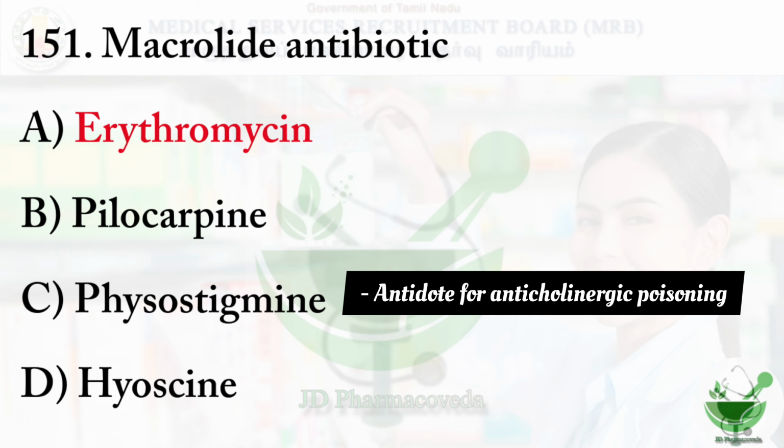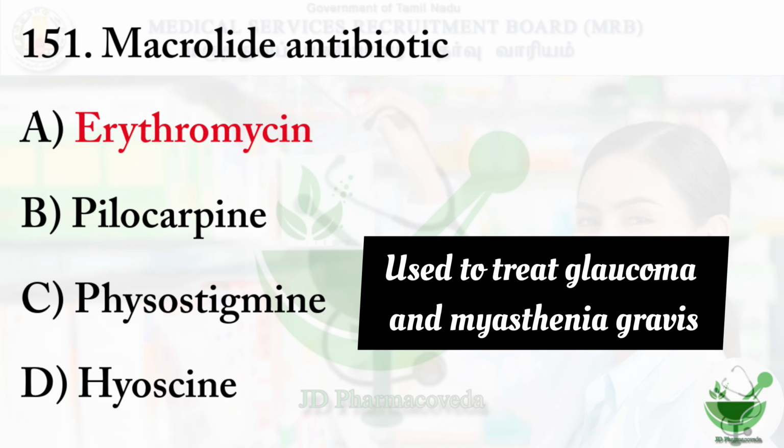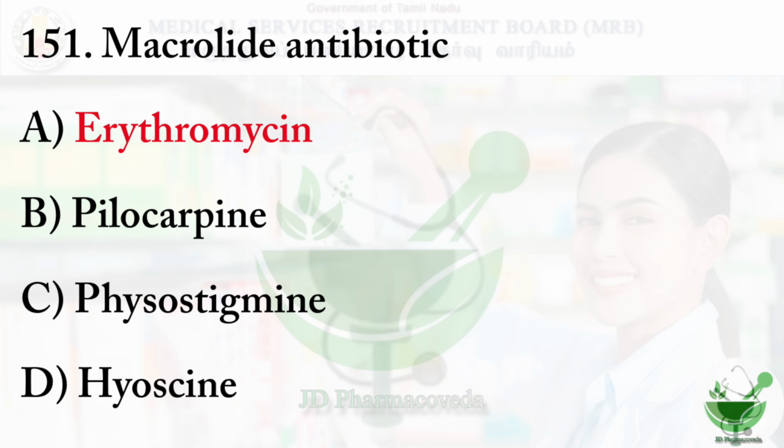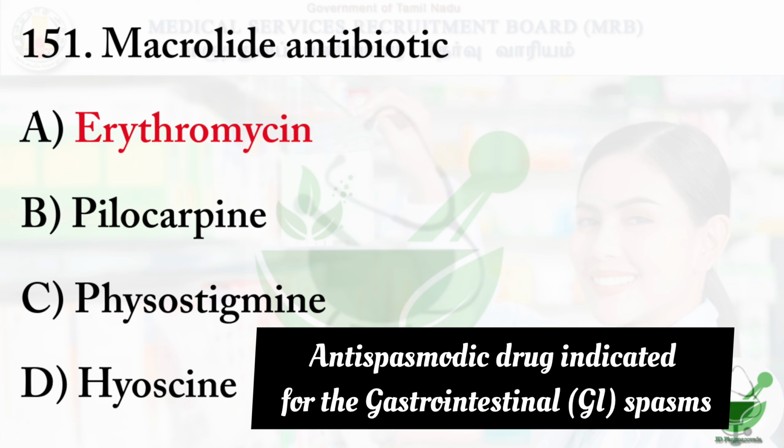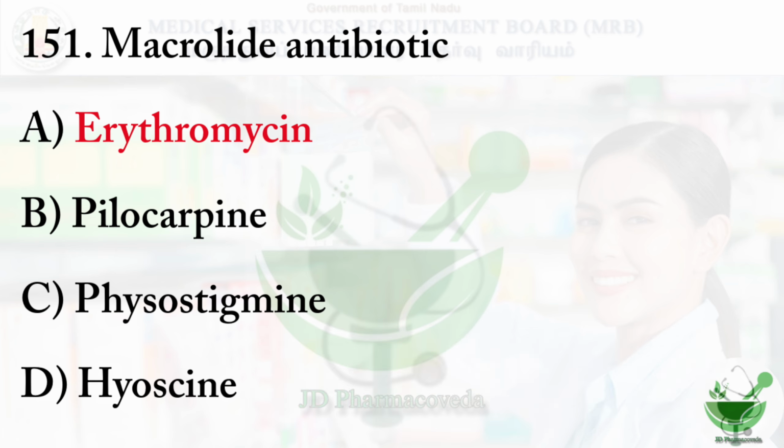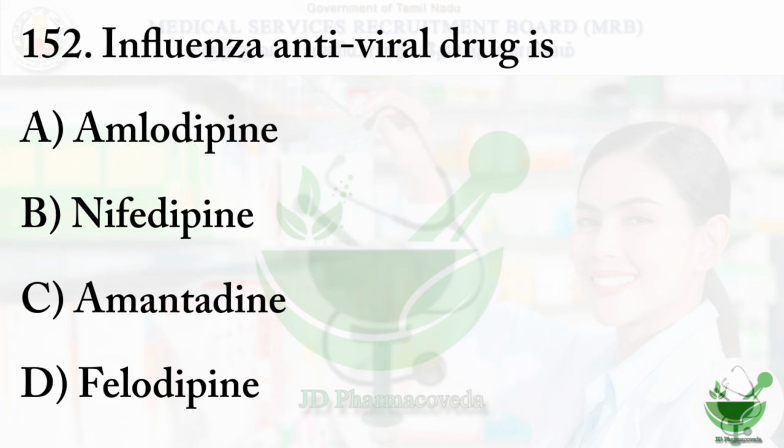It acts as a reversible cholinesterase inhibitor to treat glaucoma and myasthenia gravis. Then hyoscine is an antispasmodic drug which is used for the treatment of abdominal pain associated with cramps induced by gastrointestinal spasms. Then question number 152.